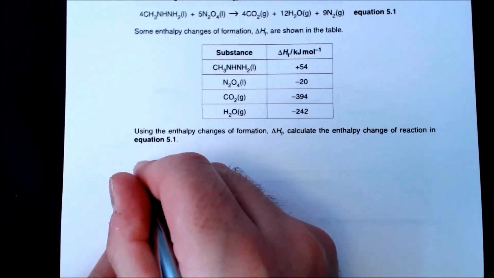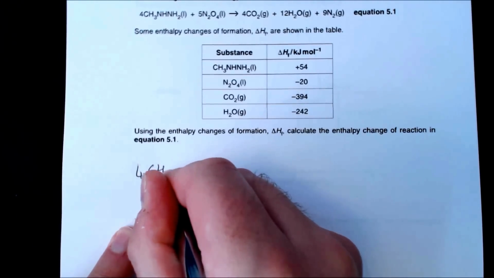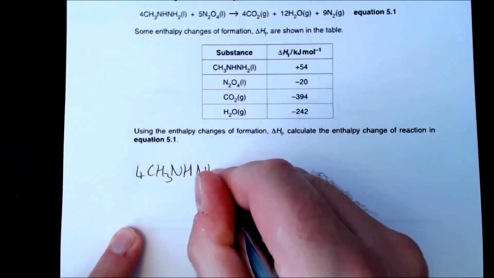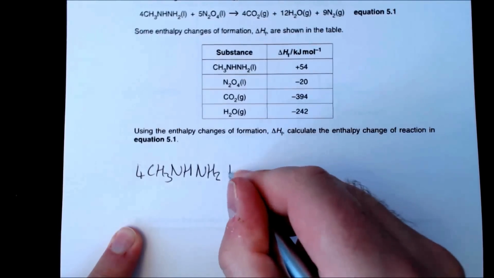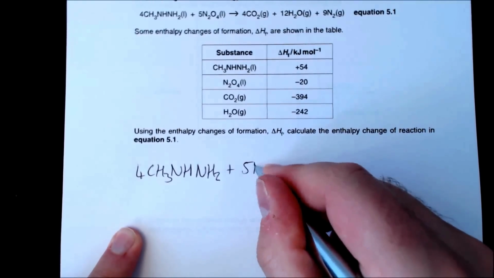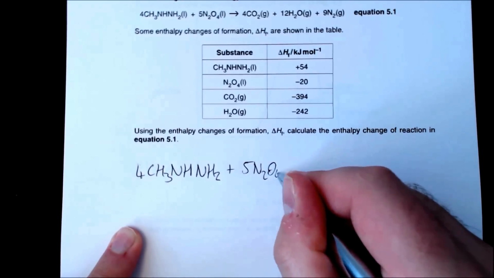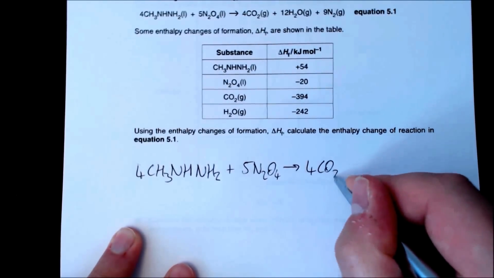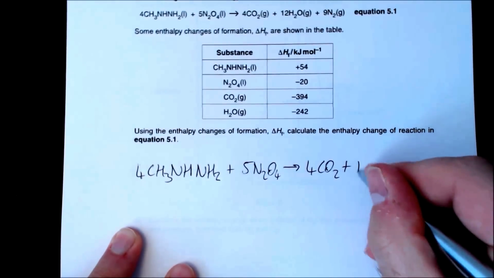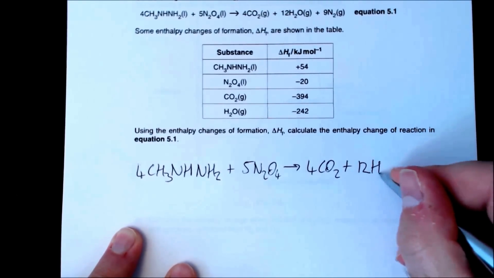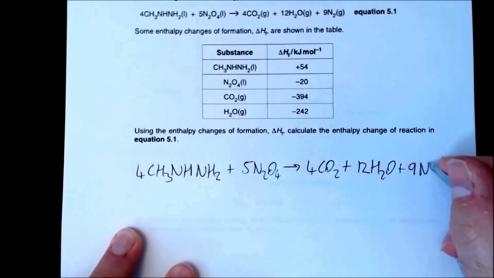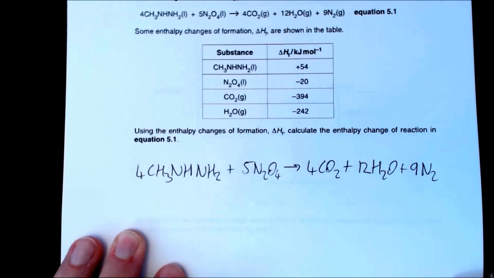So that's going to be 4 CH3NH2 plus 5 N2O4, and that will produce 4 CO2 plus 12 H2O plus 9 N2. Okay, so there's our top line.